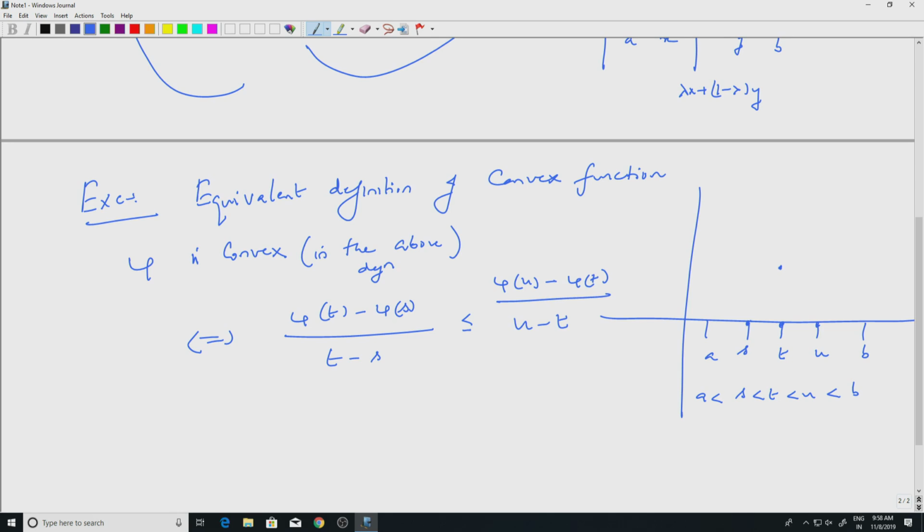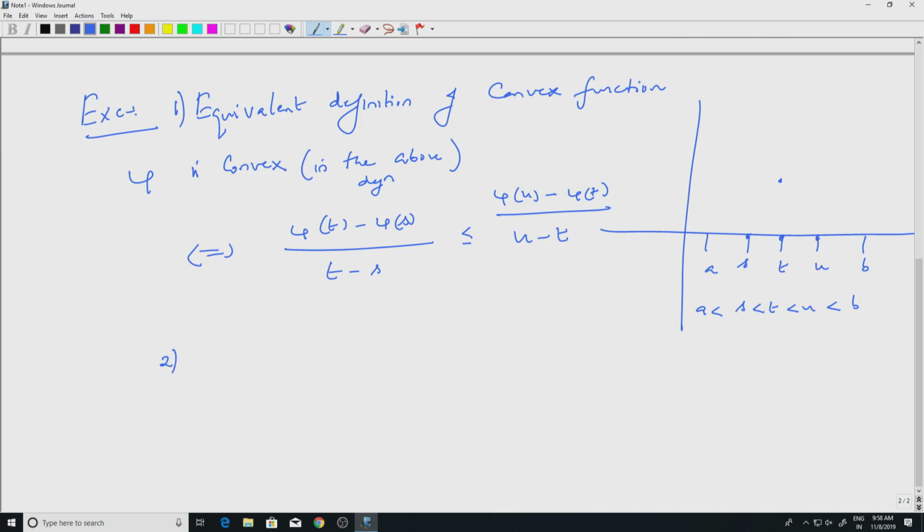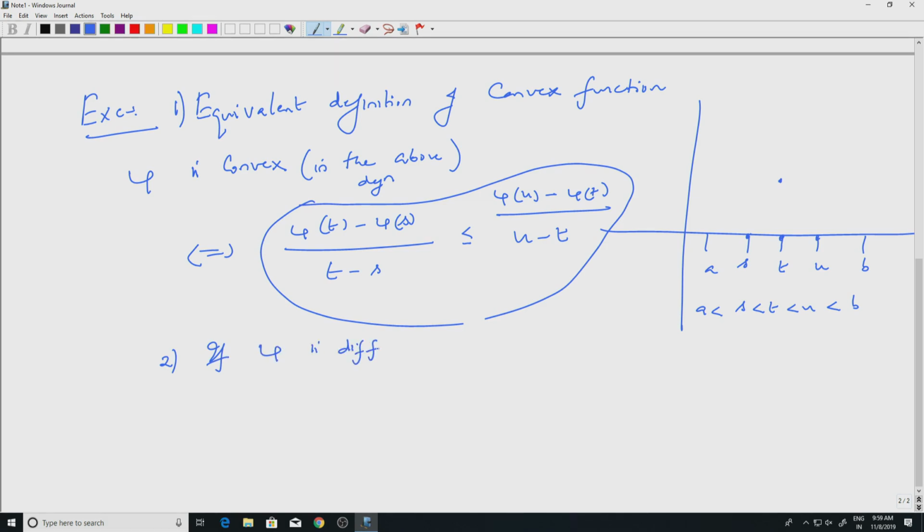So, the earlier inequality, if you rewrite it, you will get this. Let us look at the second one. If you look at this quotient, you know how derivatives are formed by taking this quotient and taking the limit. So, this will tell you that if phi is differentiable, we are not assuming anything on phi.